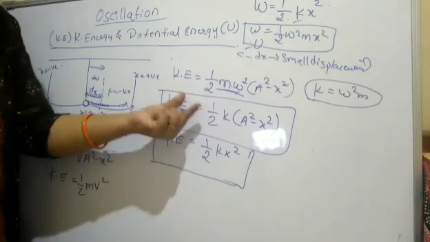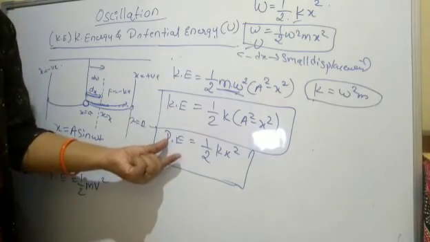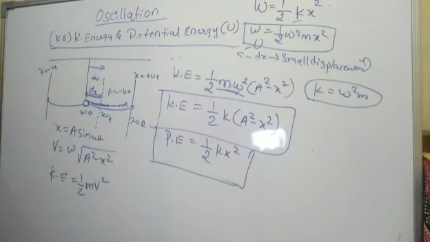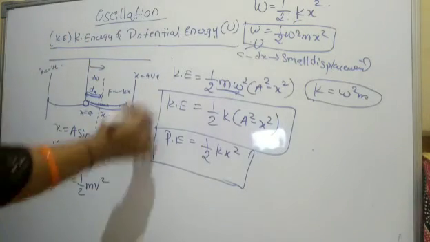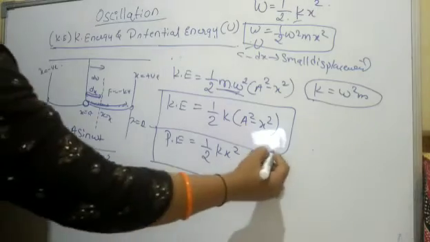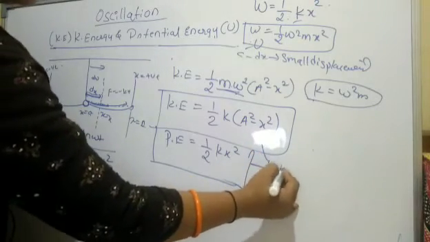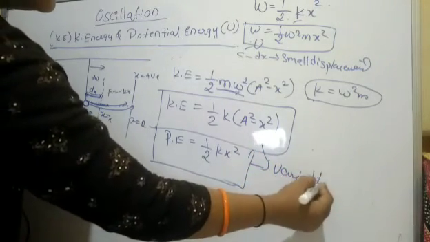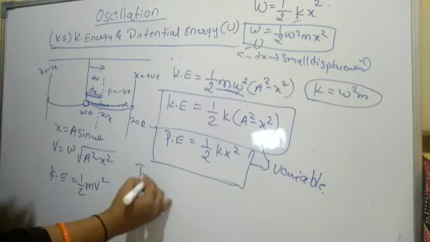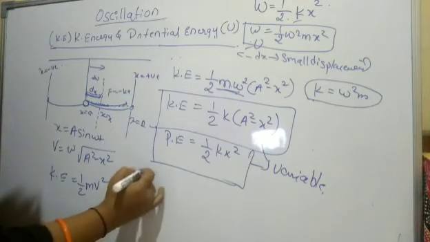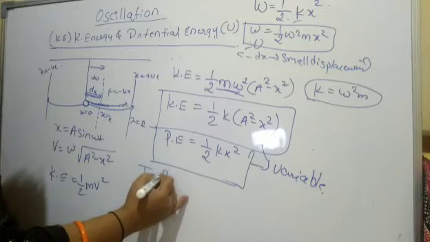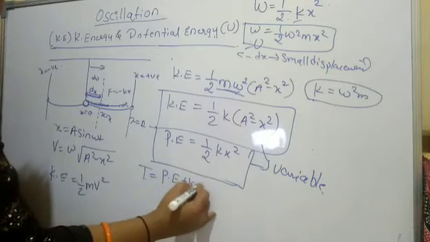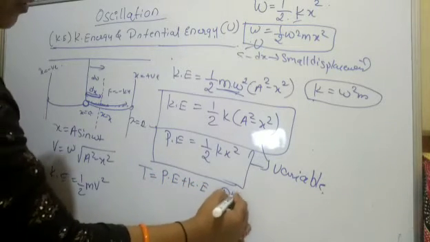And the sum of these variable kinetic energy and potential energy of a particle is going to be constant. Both are variable, but the sum of these two energies, potential energy plus kinetic energy, in displacement form I am showing you.